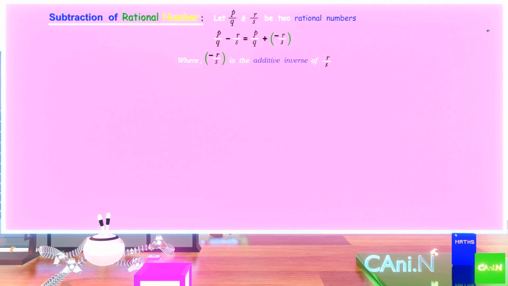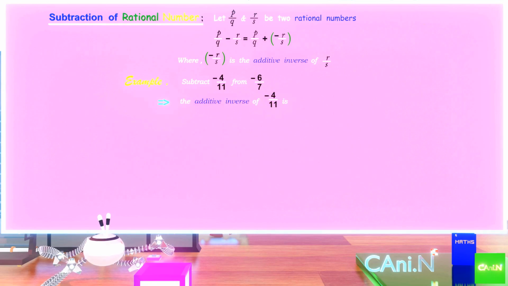Subtraction of rational number. Let p by q and r by s be two rational numbers. So, p by q minus r by s equals p by q plus minus r by s, where minus r by s is the additive inverse of r by s. Example: subtract minus 4 by 11 from minus 6 by 7.